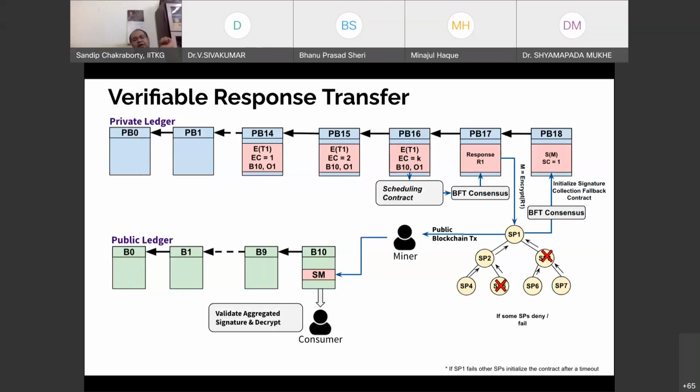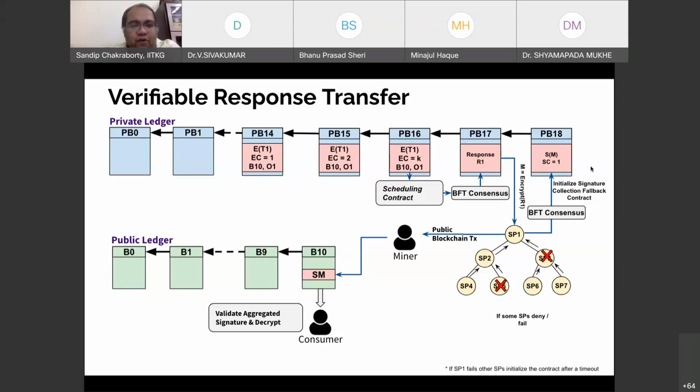And we have designed a solution to transfer the transactions from the public ledger to the private ledger, and then process them on top of the private ledger using a smart contract. And once the processing is done in a secured way, we provide an architecture to send the response back to the public ledger. So that is the entire idea of the protocol.